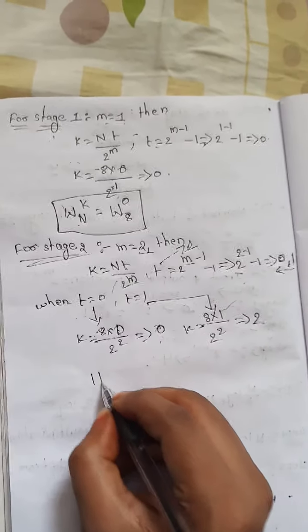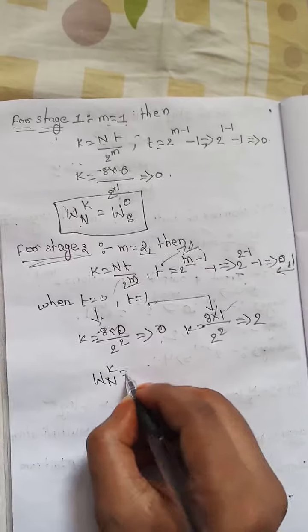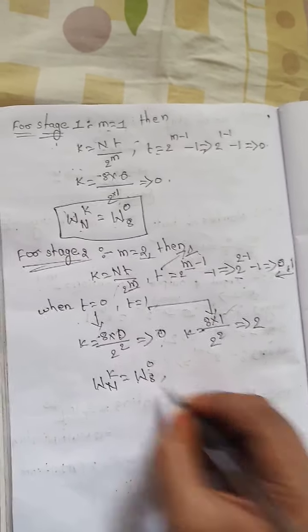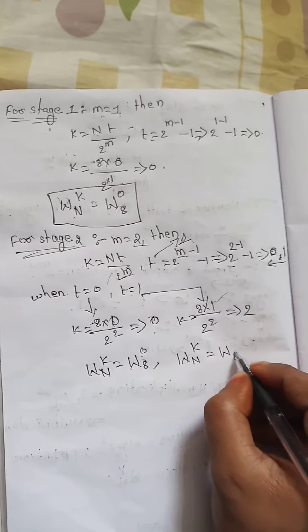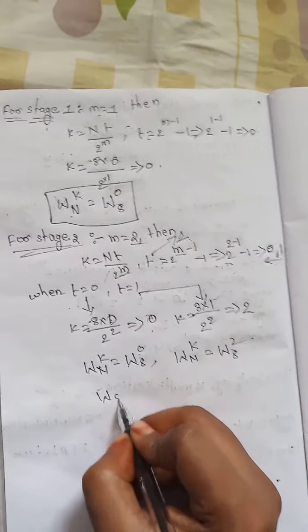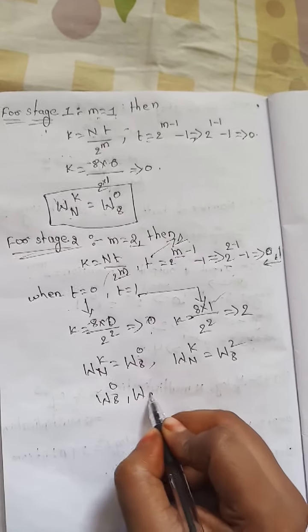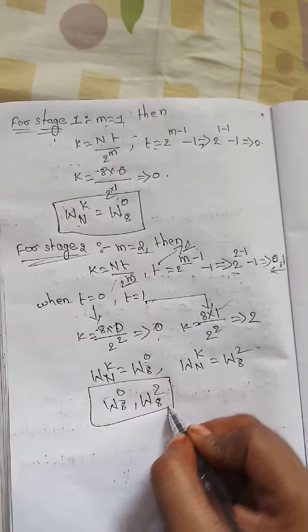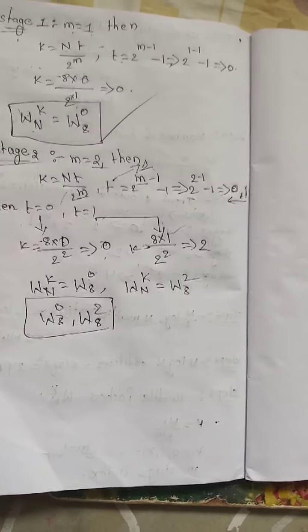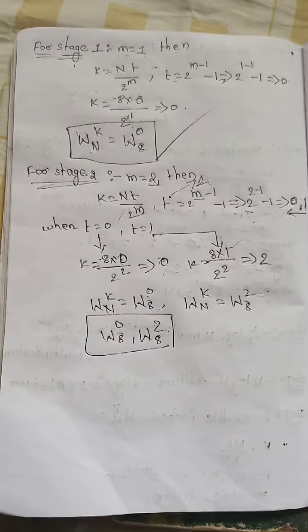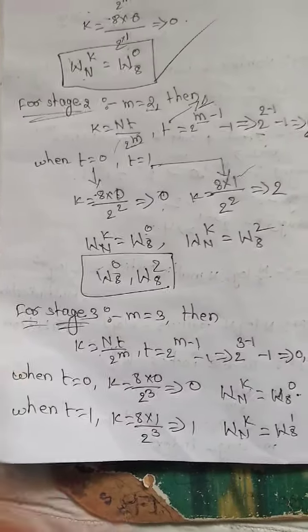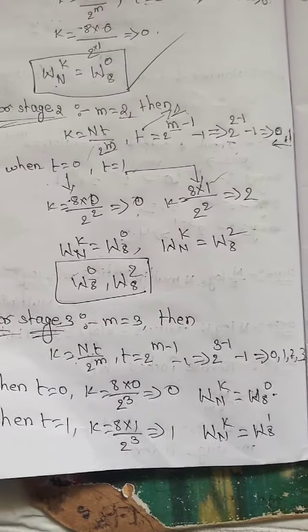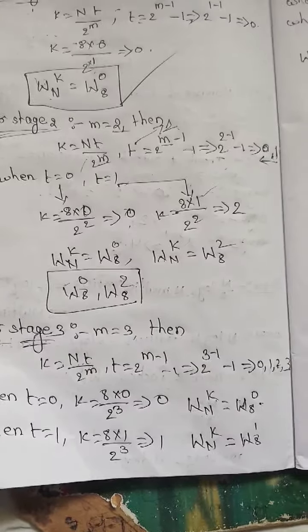So we have Wn of k equal to W8 of 0, and at the same time Wn of k equal to W8 of 2. So here we got two twiddle factors, W8 of 0 and W8 of 2. For stage 1 we got only one twiddle factor, and for stage 2 we got two twiddle factors. Likewise for stage 3, small m is equal to 3, and we get t equal to 0, 1, 2, 3.